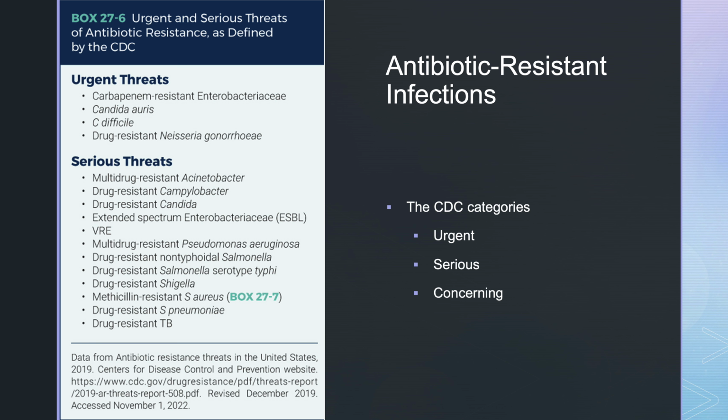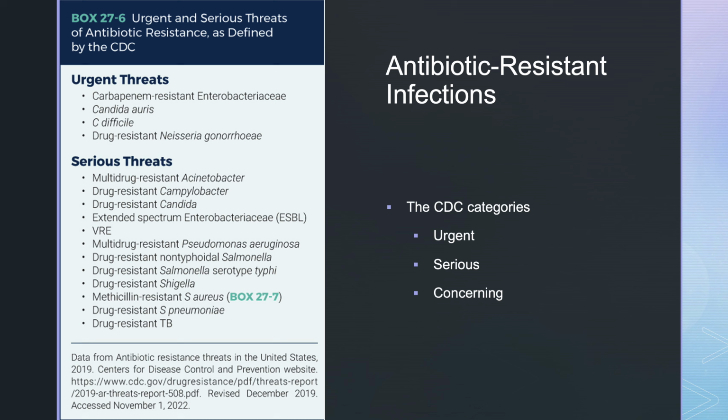When it comes to antibiotic-resistant infections, the CDC does categorize them into urgent, serious, and concerning. Your concerning infections are kind of your up-and-comers, and they're watching them. Under urgent, right now, we've got things like C. diff, and drug-resistant gonorrhea is in there. We'll talk about a few of these.